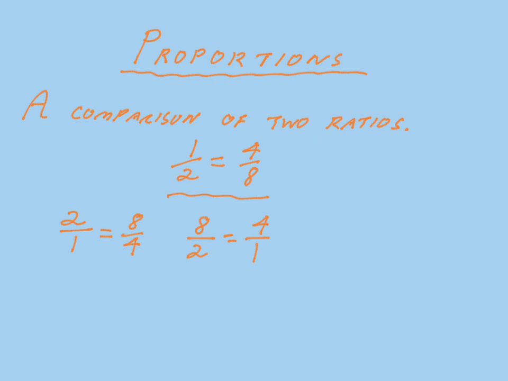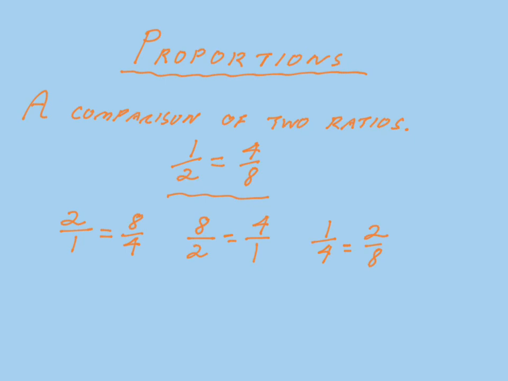What if I go back to my original proportion and I switch places with the 4 and the 2? So now I have 1/4 is equal to 2/8. Well, that's also true. I have to be careful when I write proportions to be consistent. But you see that there are many ways in which I can write equivalent ratios as well.